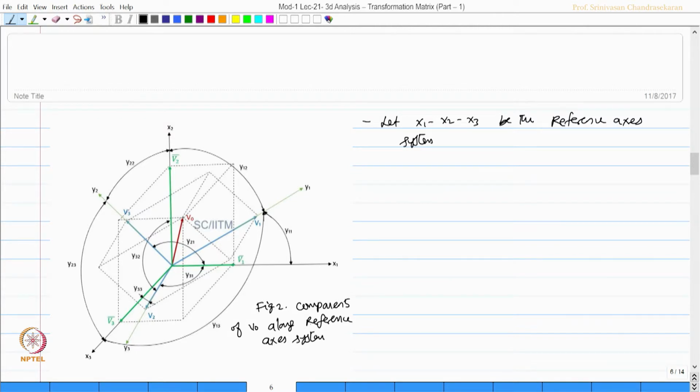Okay. Let x 1, x 2 and x 3 be the reference axis. Obviously, this vector has a mistake, this was v 3 and this was v 2. I borrowed this figure from the previous one.